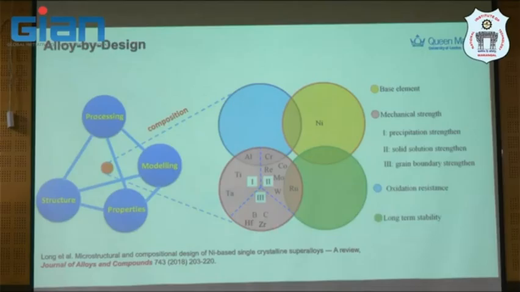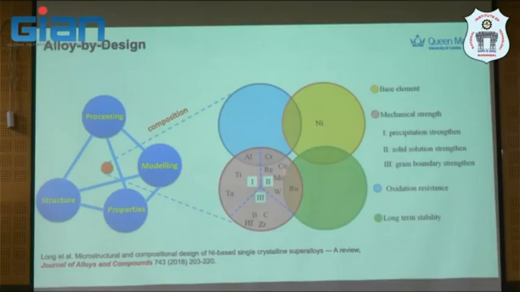That is another grain boundary strengthening mechanism we can induce in the material. Solid solution strengthening comes from refractory metals, including chromium as well.